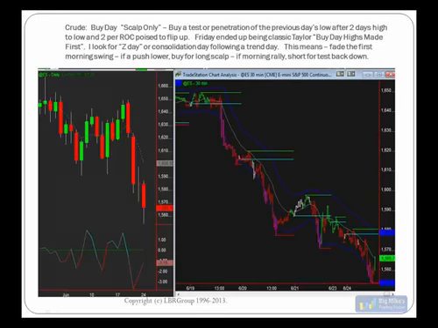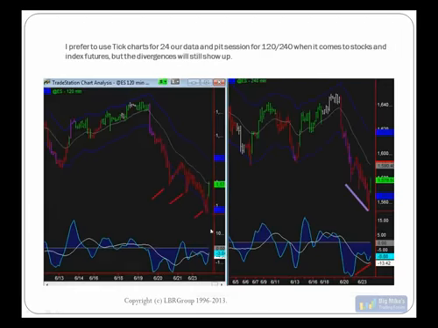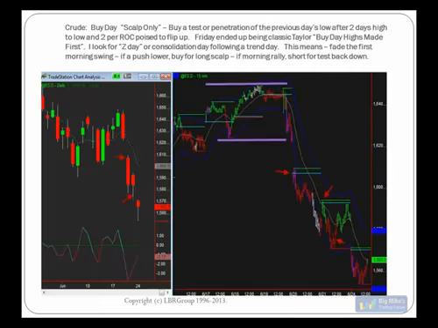Taylor could even have said, okay, if I had a buy day, buy a test or a penetration of the previous day's low, how would he have traded that? He would wait, of course, until he found some type of short-term support, which we did on those S&Ps, and you at least had some roadmap that said you could have a correction or a reaction back up, even though we're still in these downtrending channels.